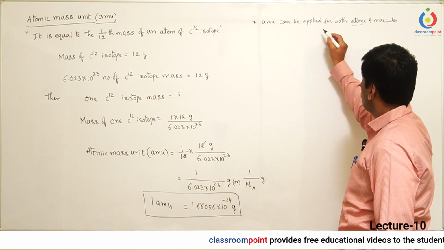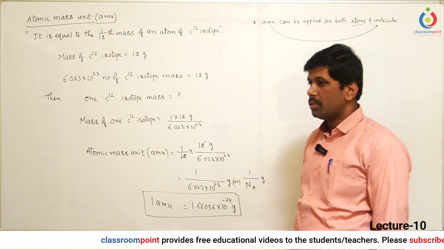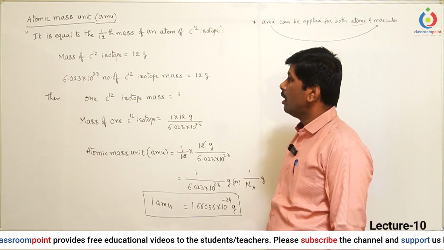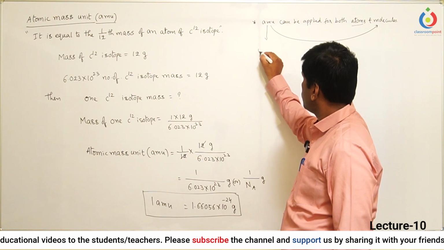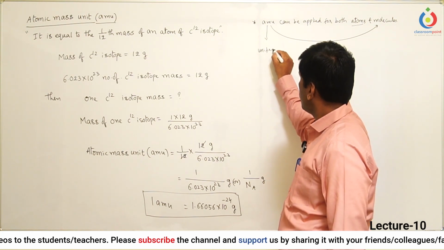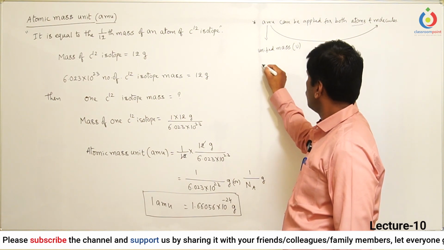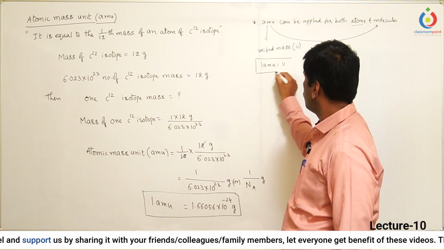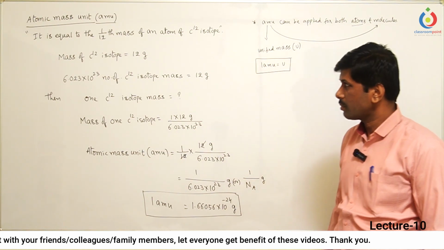But when you apply the same AMU value for molecules, we get confused whether we are discussing atoms or molecules. To avoid that confusion, this AMU is now replaced by unified mass, that is U. So we can write that 1 AMU equals 1 U. U stands for the unified mass.